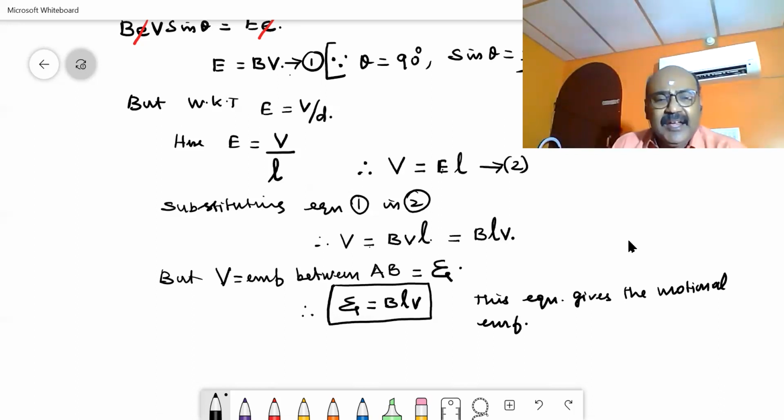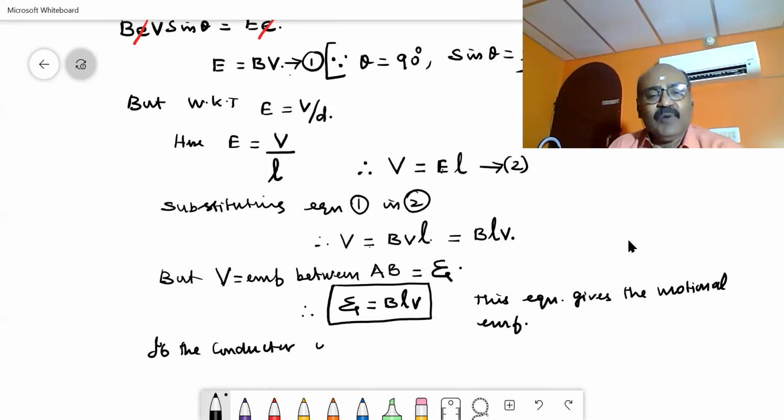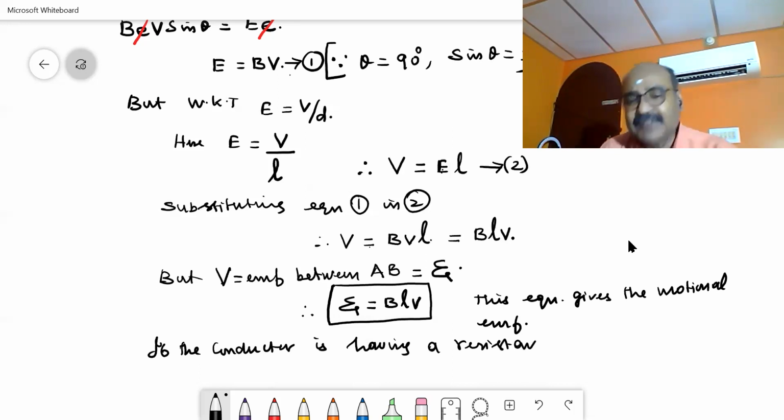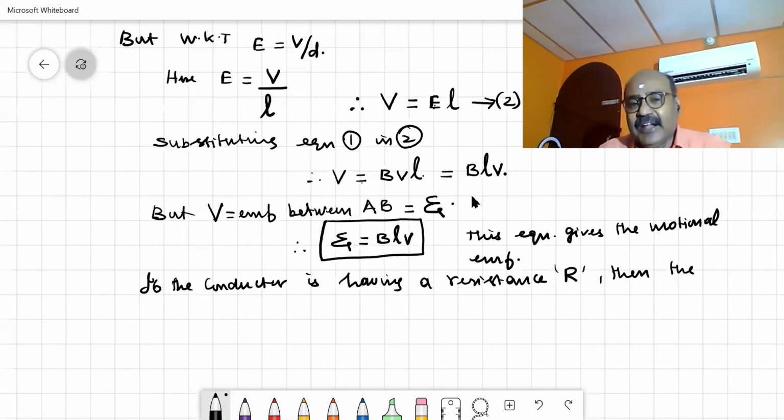See, if the conductor has a resistance R, that is the resistiveness to the flow of current, then the current available is given by this motional EMF. Similarly, I can calculate the current induced.